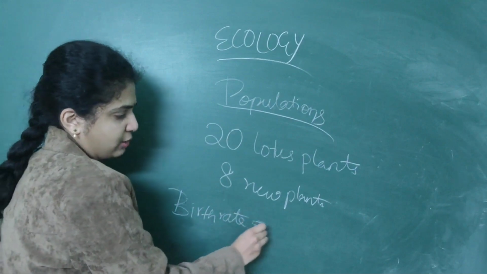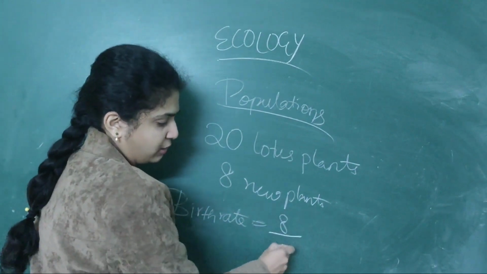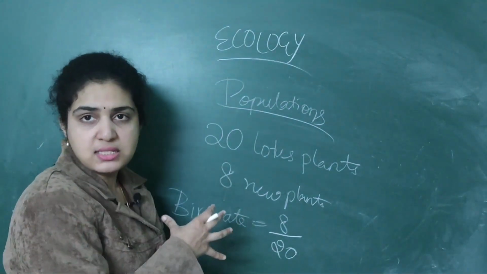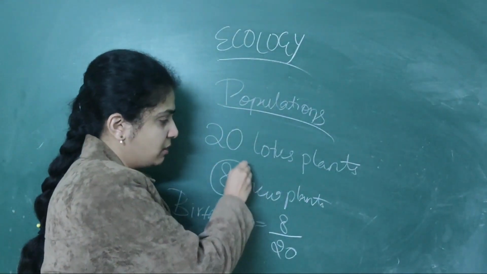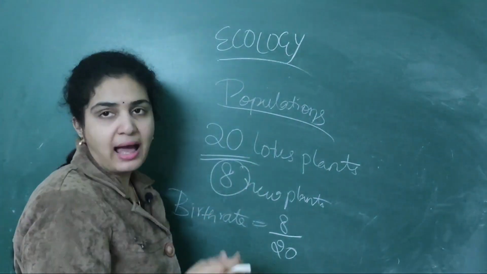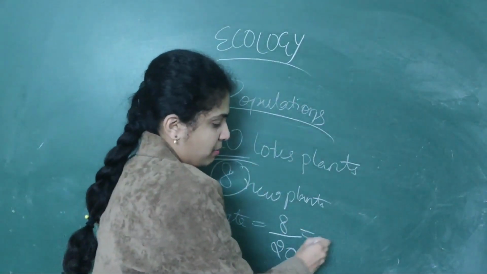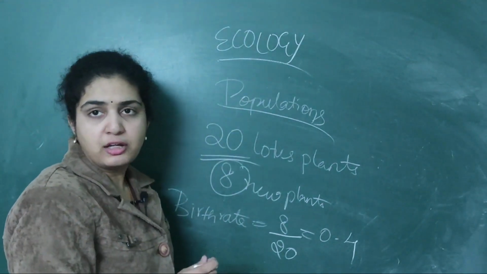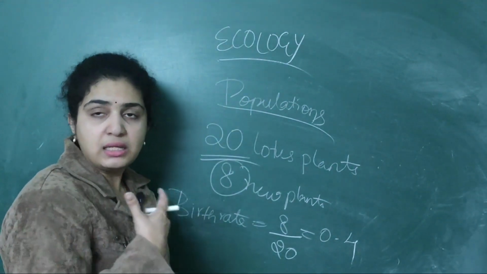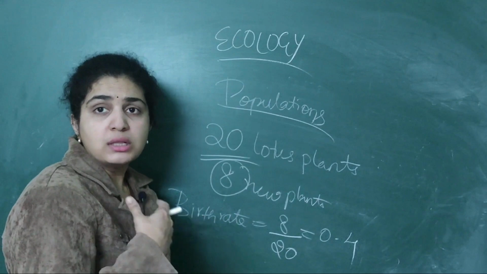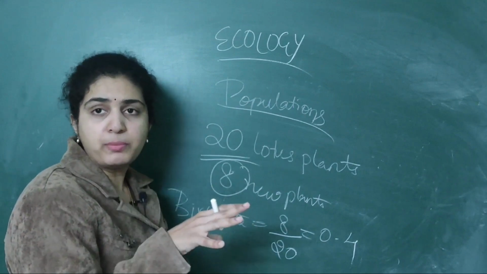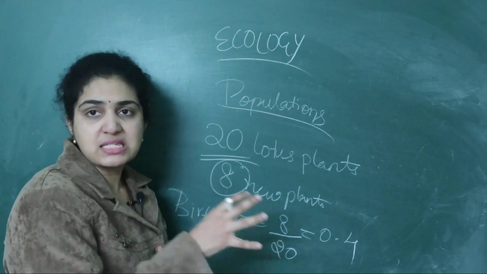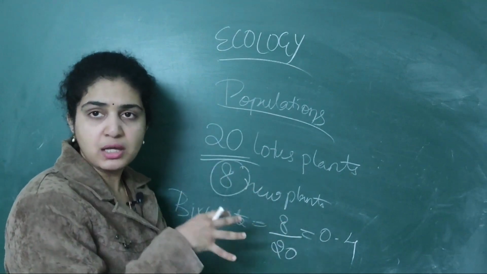Birth rate is calculated as 8 by 20, meaning the number of births in that population by the total. So it is approximately 0.4, and you say 0.4 per year. So the birth rate in that population is on average 0.4 per year.